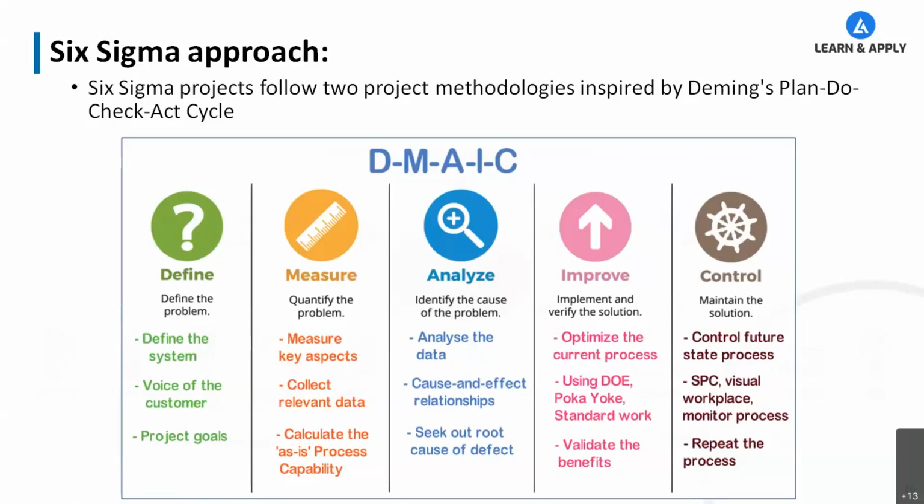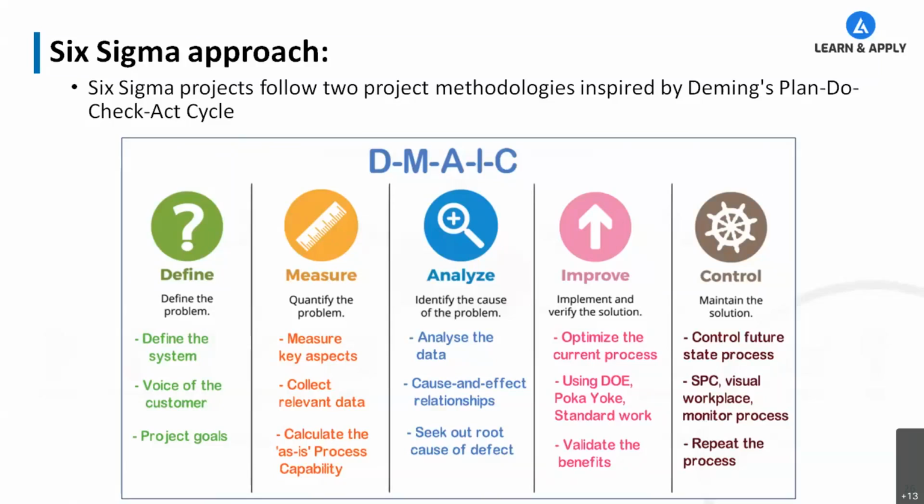Then the second is measure: quantify the problem, measure key aspects, collect relevant data, calculate the as-is process capability, meaning the current level of operation that our organization currently has. All that we have to measure in the second phase. Third is analyze.